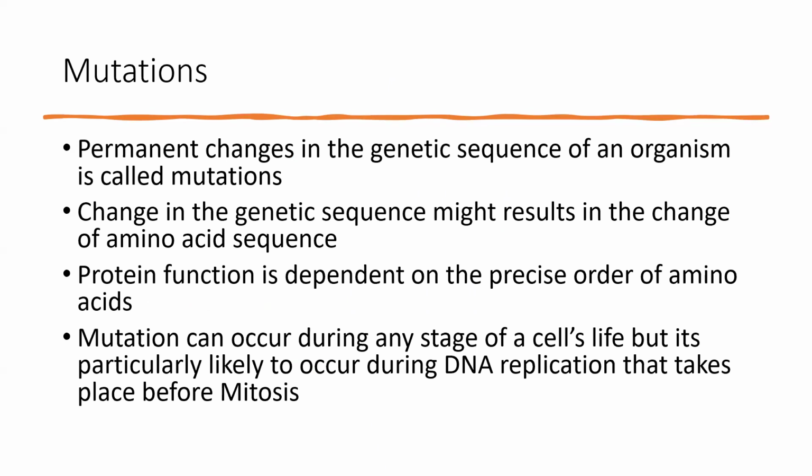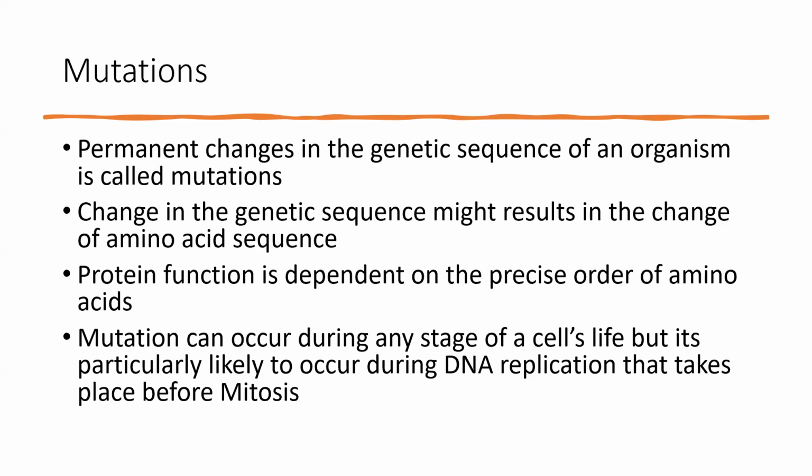We talked about some of these things last time: exposure to UV light, exposure to chemicals in smoke, for example, like smoking cigarettes. So these things can sometimes increase the risk of getting mutations, but in the end, mutations are basically permanent changes in your DNA code.